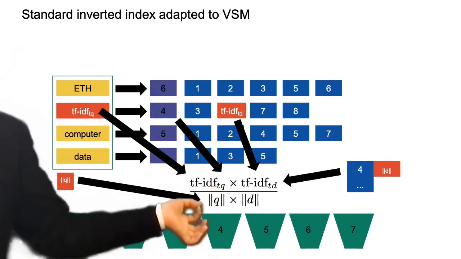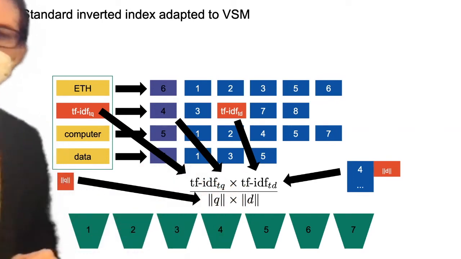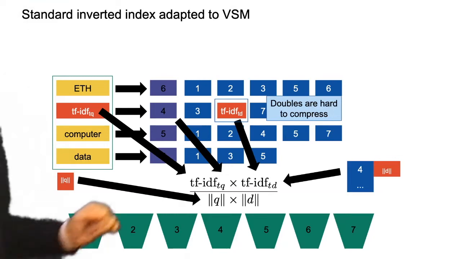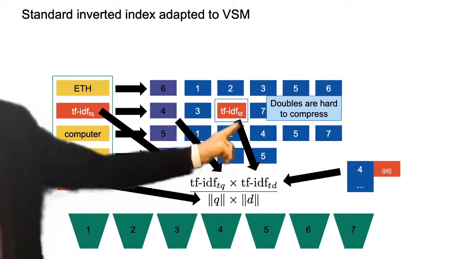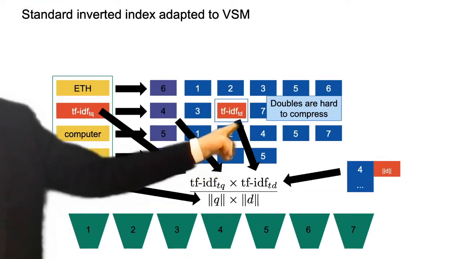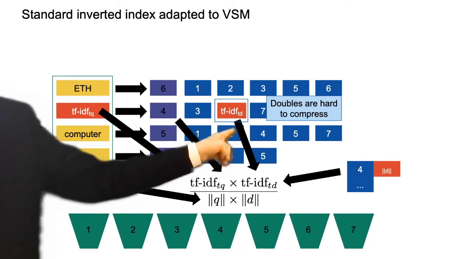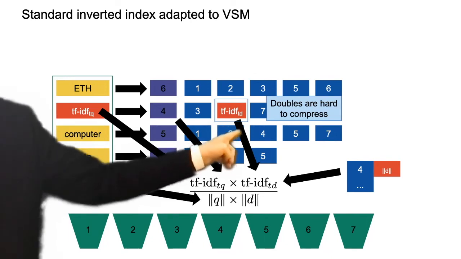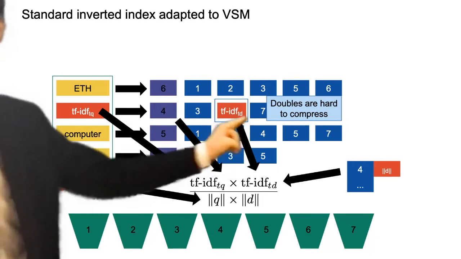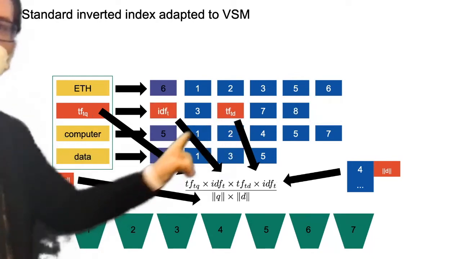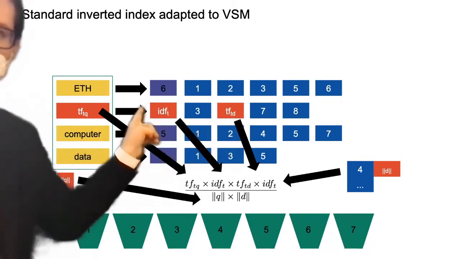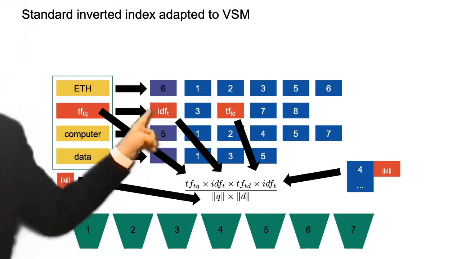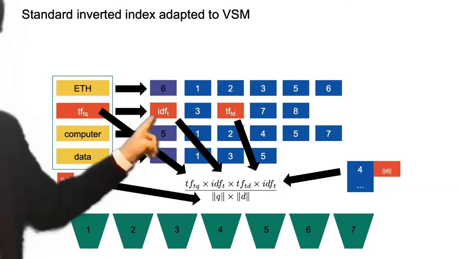But I'm using the one that we often use with TF-IDFs and the Euclidean norm, right? So I explained to you that you cannot really put doubles in there because they are hard to compress. We saw that we can compress integers. We did it in the index compression part. So this is why we don't put the TF-IDF here. Rather, we only store the term frequency here and the IDF part there, possibly not taking the log, but just the inverse, and we take the log dynamically, right?